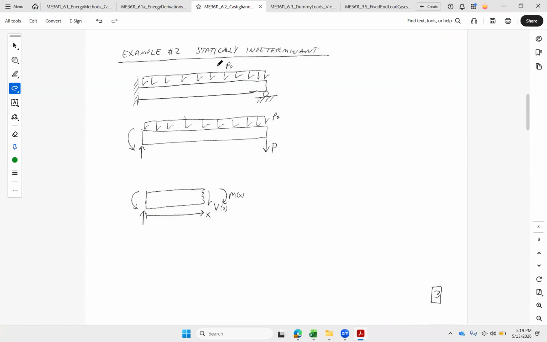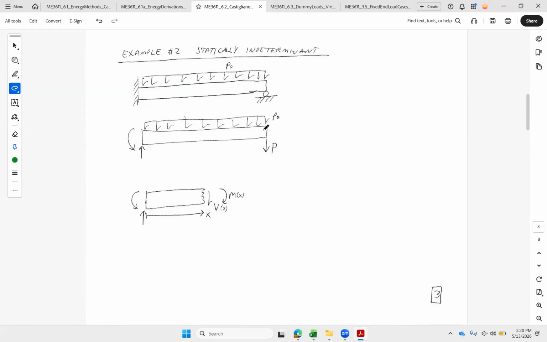So next example we're going to look at here is a statically indeterminate structure. All right. We've tackled this kind of thing before with our superposition and also with our beam bending integration method as well. Superposition is another option that we have to work with. All right. So what we can do in a case like this, we can take a slice.